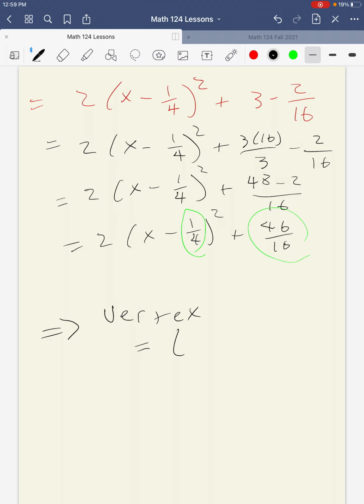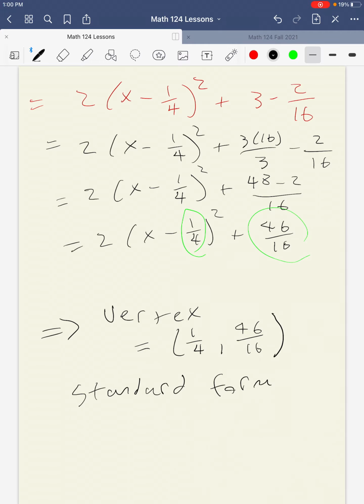The vertex will be 1/4 and 46 over 16. So that is the benefit of standard form. But you do have to complete the square if you wish to write your function in standard form. Okay, so maybe I will give another example.